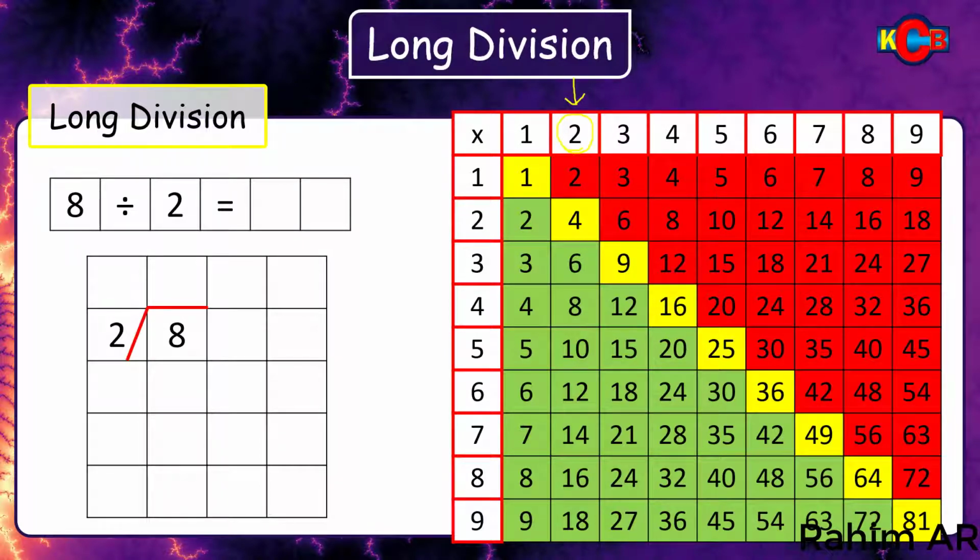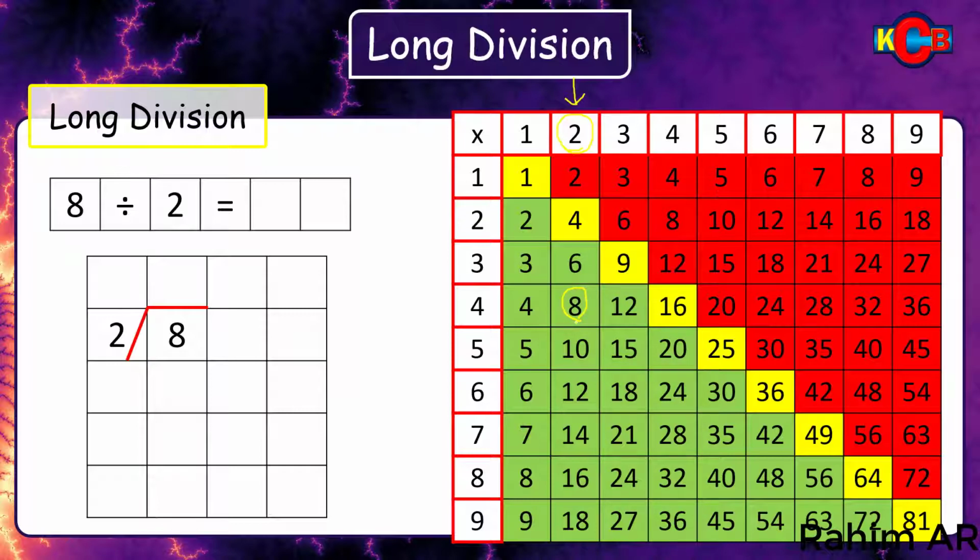Look at the question here. The dividend is 8. So, within the multiples of 2, we look for 8. 2, 4, 6, 8. We found 8 here.